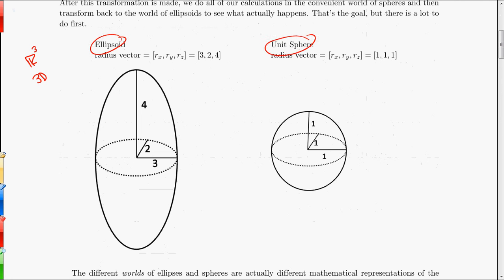An ellipsoid has radius vectors that aren't the same. For example, 3 in the x direction, 2 in the y direction, and 4 in the z direction. Whereas for a unit sphere, the radius length in all directions is just 1.